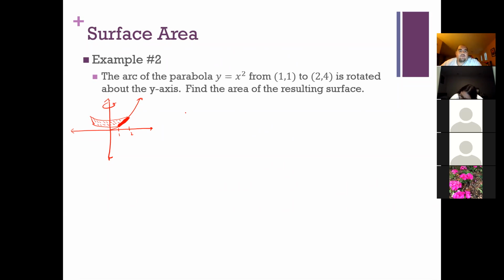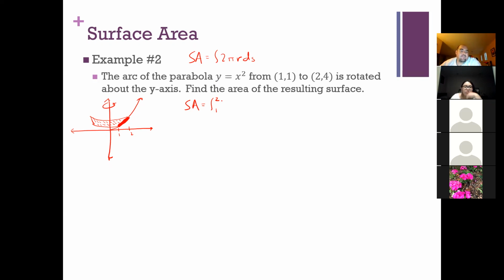Okay, so still we're looking at circumference times arc length, so 2 pi radius times ds. So let's try to stay with x as our independent variable, which means we're going to integrate from 1 to 2.